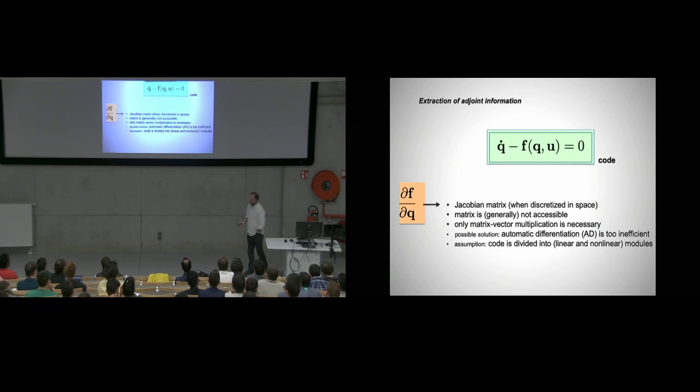But the problem with automatic differentiation is you send your code that is already big, like a compressible Navier-Stokes code with shock capturing and everything, okay? And then the code that comes back after that software package works through all your subroutines is enormously inflated, okay? And also is quite slow because of that.